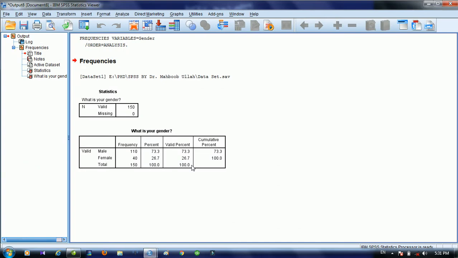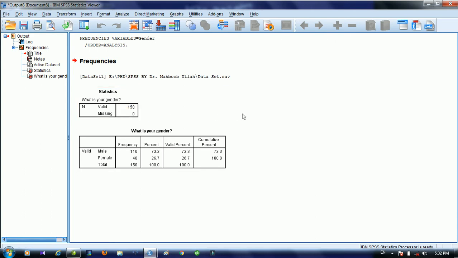When we select OK, you can see two tables have appeared. The first table is the summary statistics, which shows the number of valid responses, that is 150, and the missing values, if any of the respondents didn't provide an answer to the question about gender.